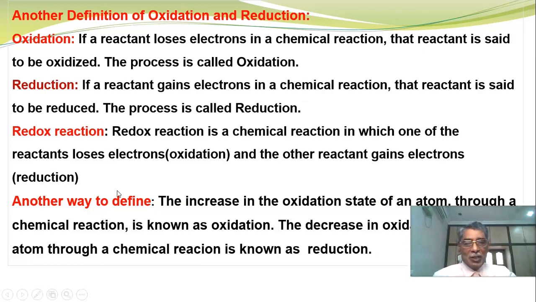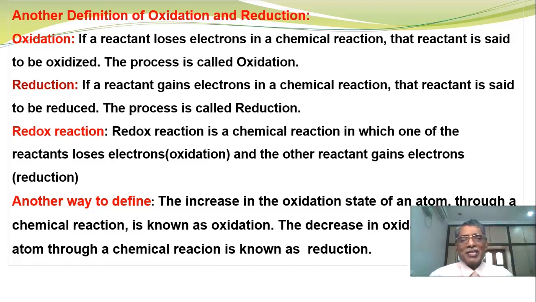Another definition of oxidation and reduction. Oxidation: if a reactant loses electrons in a chemical reaction, that reactant is said to be oxidized, and the process is called oxidation. If a reactant gains electrons in a chemical reaction, that reactant is said to be reduced, and the process is called reduction.